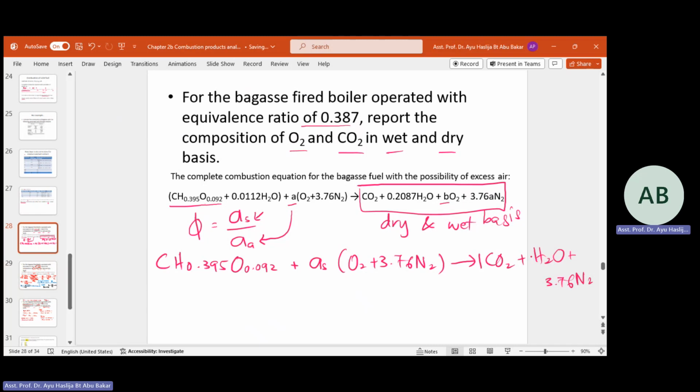Okay, sini satu kan, H2O. This one lah, 0.395 over 2, yes, Y over 2. Now this one 3.76A. Okay, sekarang kita ada C, H, O. Need to find your A stoic from the equation X plus Y over 4.